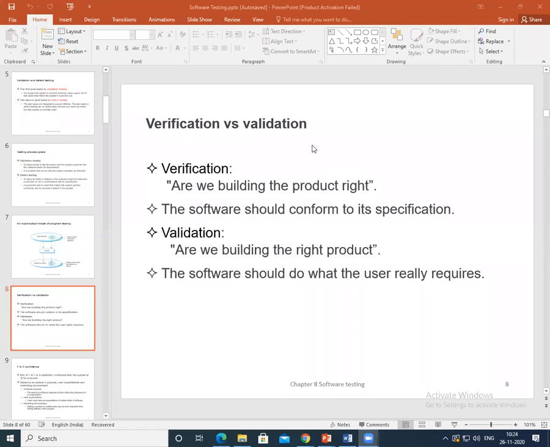Next we have tried to follow what is validation and verification. Verification and validation are both taken together.